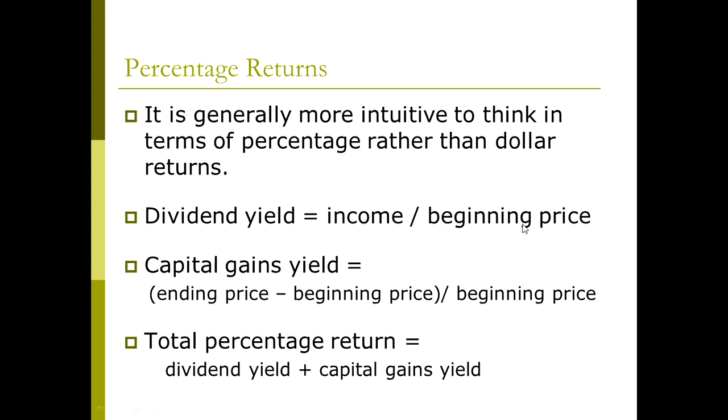By beginning price, it really means your initial investment or the price you paid for the asset. Income here again can be dividends or coupon payments. Capital gain yield is going to be the percentage change in the asset price, which is the ending price minus beginning price divided by the beginning price. So total percentage return will be the sum of the dividend yield plus capital gain yields.